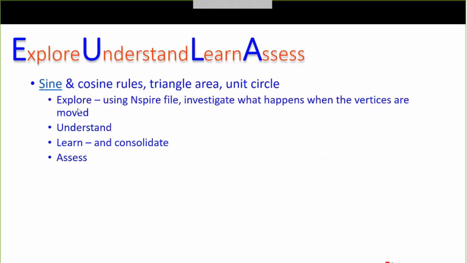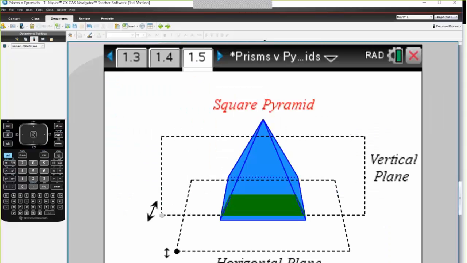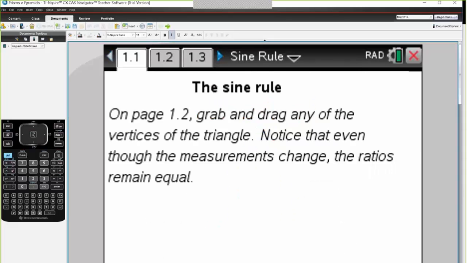The last one where I do use a lot in terms of the document is using sine, cosine rules, and also unit circles. And there are some amazing documents out there. I know that I am running low on time, but just very quickly, this one here, the sine rule. As it says, grab and drag any of the vertices.